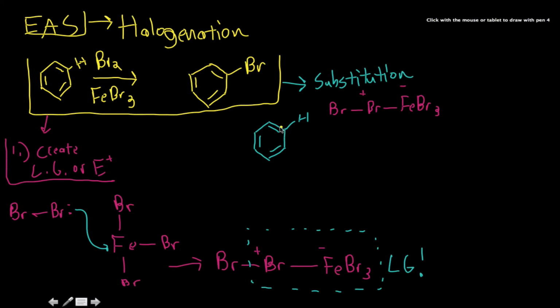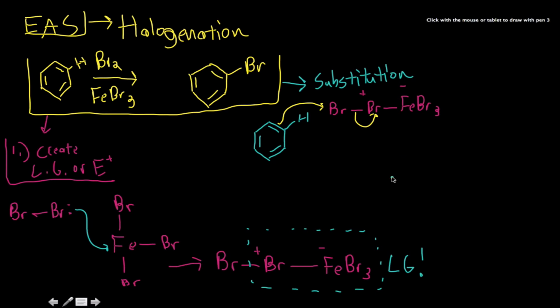I know I'm getting kind of messy over there. So this pi bond here comes after, it's attracted to the positive charge on that bromine. If you're wondering why it's coming after this, draw the Lewis structures, and maybe that'll help you understand that a little bit better. And this is going to come over and put itself onto that bromine with a positive formal charge, so that it will lose its positive formal charge.